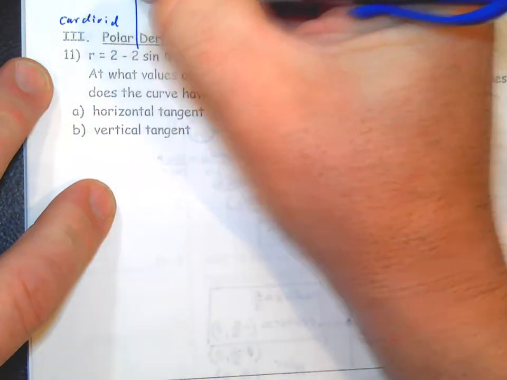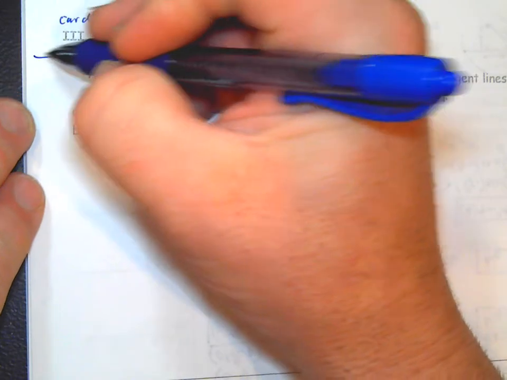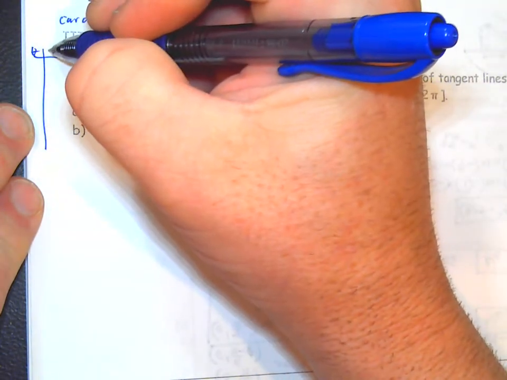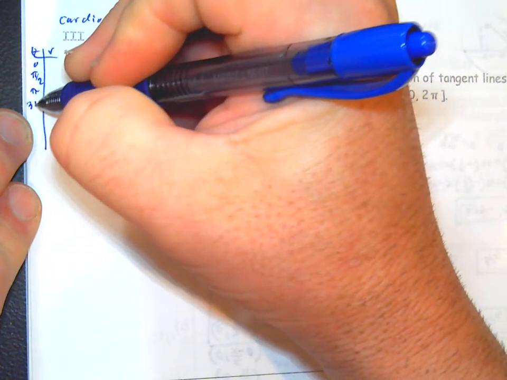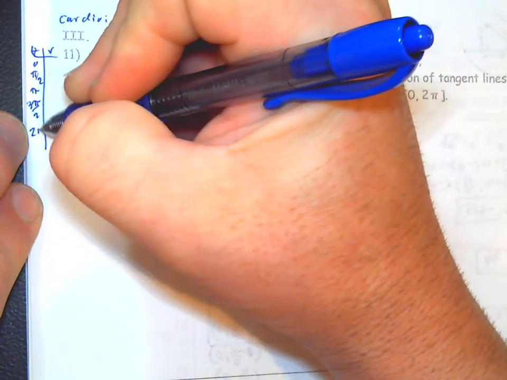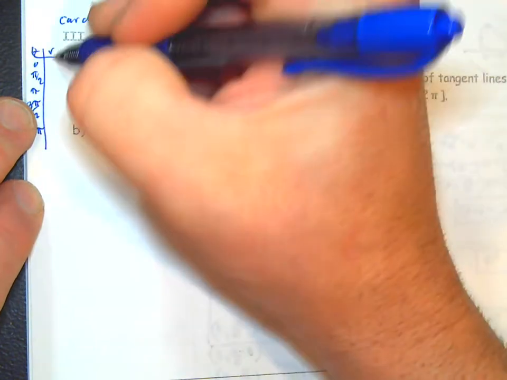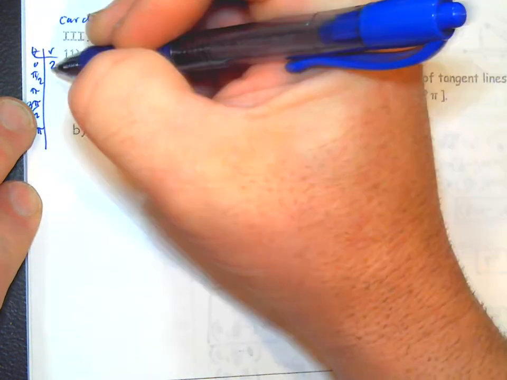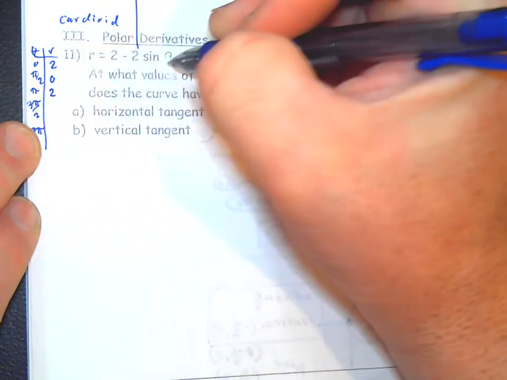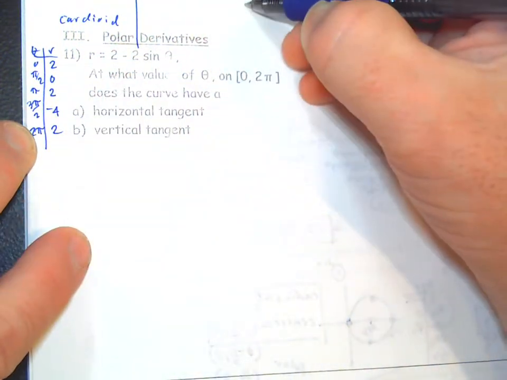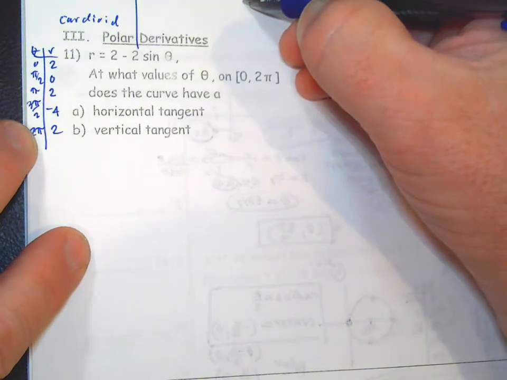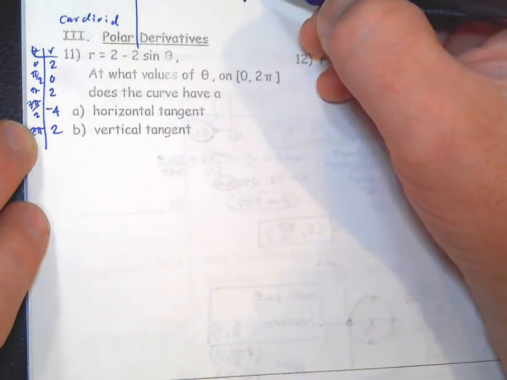So let's see if we can squeeze a table in here. I'll do it over here. Theta, r: 0, pi over 2, pi, 3 pi over 2, 2 pi. So 0, 2, pi over 2, 0, pi, 2, 3 pi over 2, and 2 pi, 2.